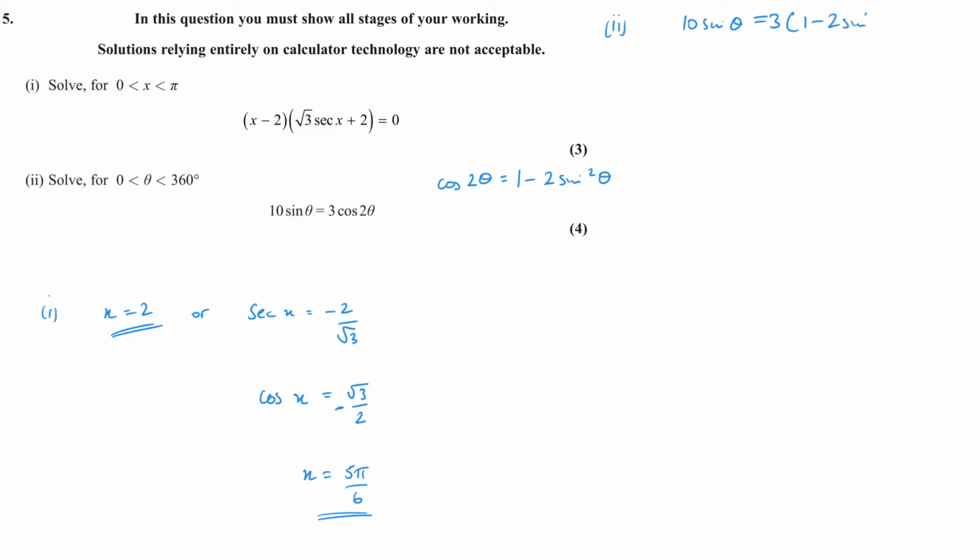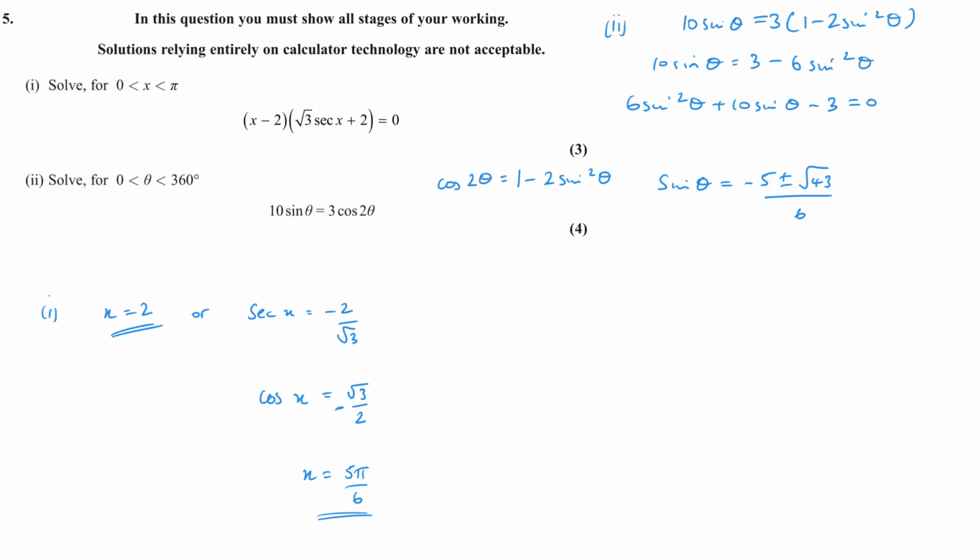So expanding my bracket, I get 6 sine squared theta plus 10 sine theta minus 3 equals 0. Now this isn't going to factorize, but sine theta is going to be equal to minus 5 plus or minus square root of 43 over 6. I'm just saving a little bit of time there, but use the formula to find that answer.